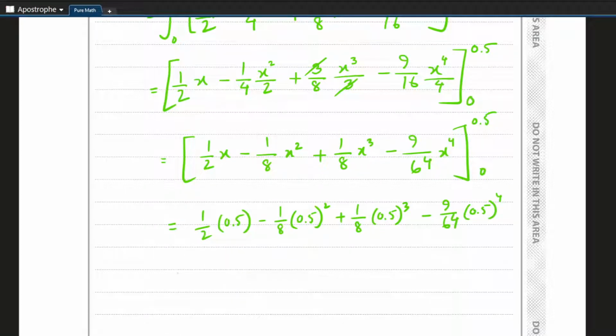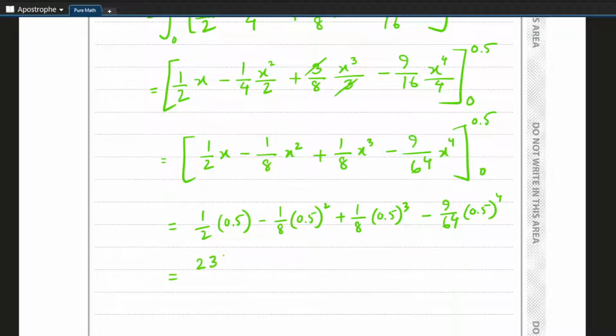So I'm removing this. If we put the whole thing in the calculator, it's going to take a minute. 1 over 8 times 0.5 squared, 1 over 8 times 0.5 cubed, minus 9 over 64 times 0.5 to the power 4.